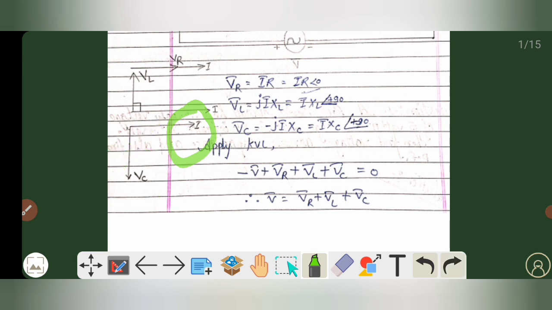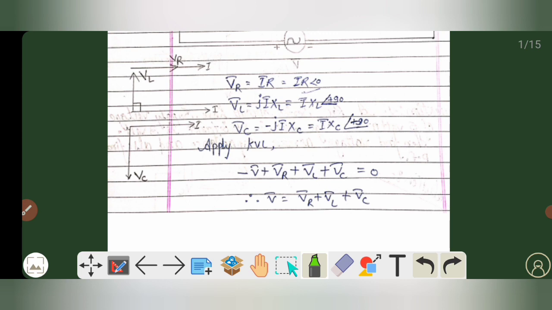We know that the voltage across the resistor is VR, and VR is equal to I into R, with an angle of 0 degree between the voltage and current in the case of a resistor. So here we have denoted it as I into R at angle 0 degree.